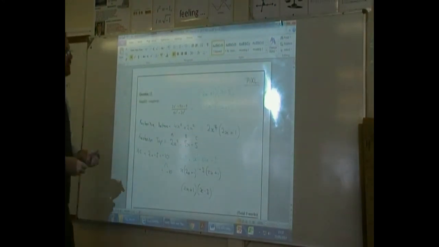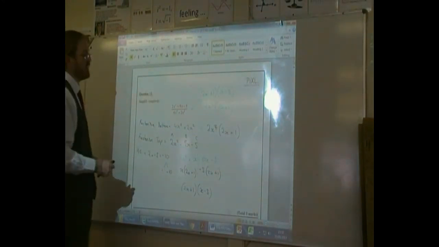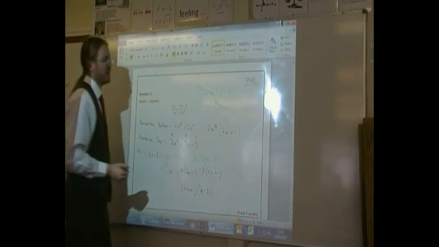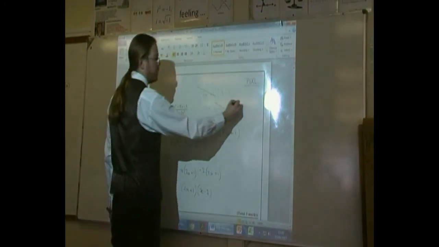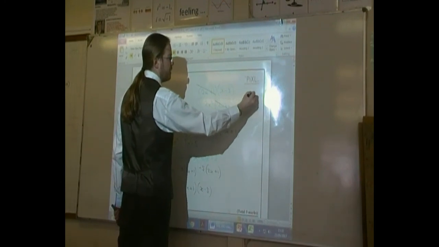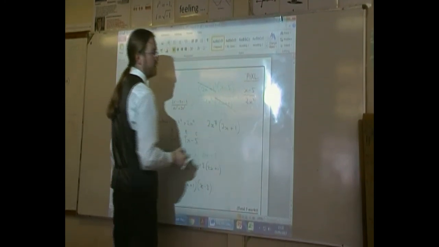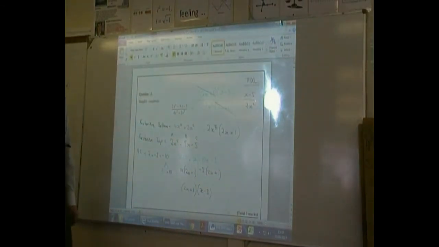Because I have the same thing on the top and the bottom, I can cancel out at that point. So there's my repeated bracket, cancel it out. So I'm left with x minus 5 over 2x squared. And there's nothing else I can cancel, so that is as simple as it will get. It's only 3 marks. If there was anything more to it, then you might end up with some more marks at that last stage.